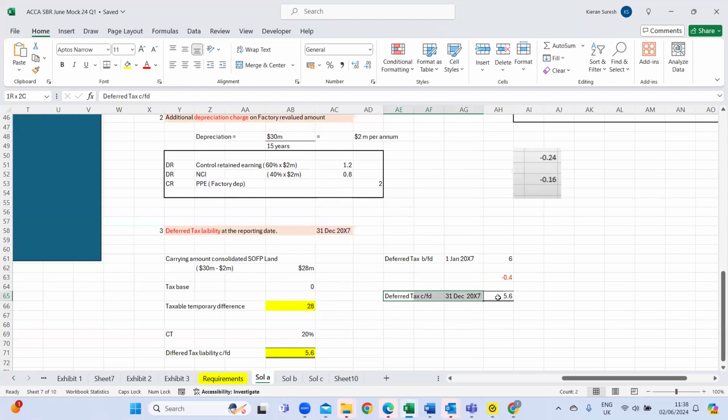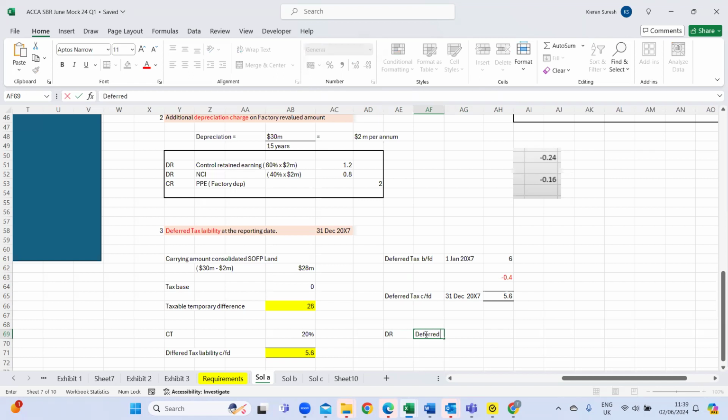So we know deferred tax liability is a credit balance. When you reduce it, we need to debit it. Generally we would charge this amount to the profit and loss account. Not charge, it is a credit. Because the liability has decreased, we would debit the deferred tax liability by 0.4.